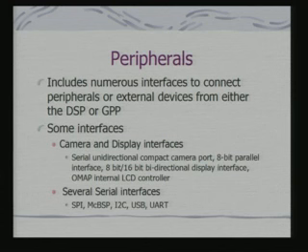The modem can be interfaced using these serial interfaces. You can even have an additional codec, like say an audio codec, which can be connected via a serial interface. There are other interfaces as well, but we are not going into them in detail.